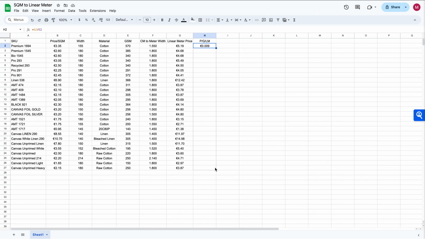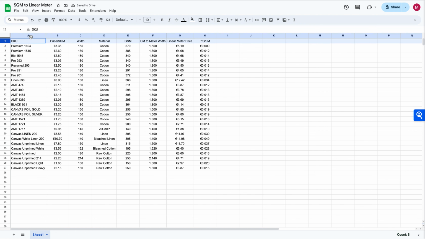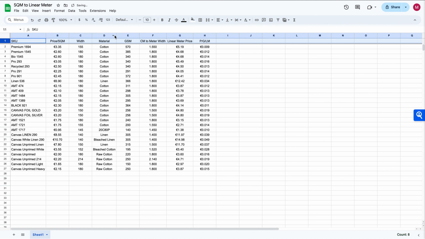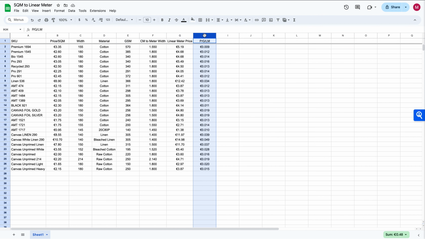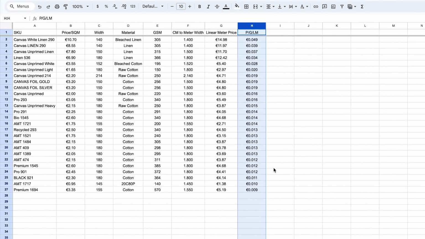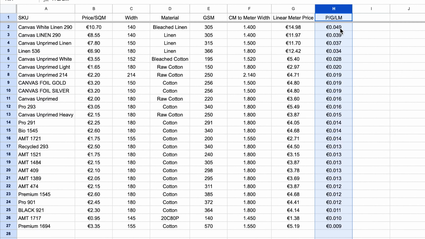It's not really part of my decision-making process, but once I lock this view here, so I went ahead and locked the top row. Now, just for fun, I'm going to sort this from Z to A, and that's going to be my most expensive gram per linear meter, you could say, down to the cheapest.